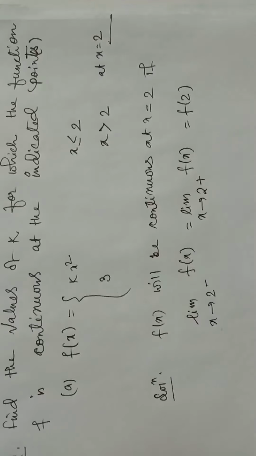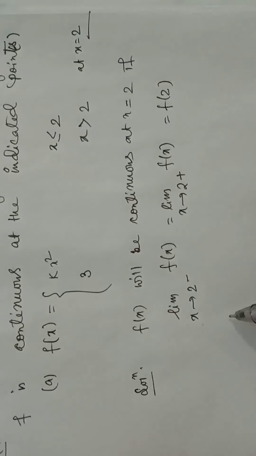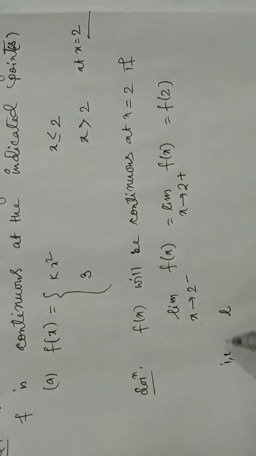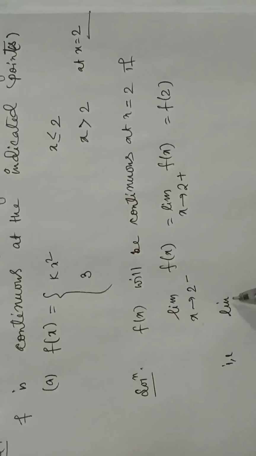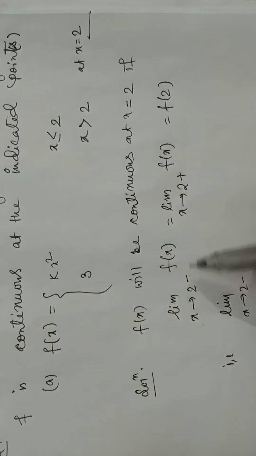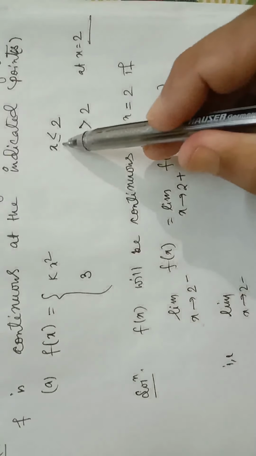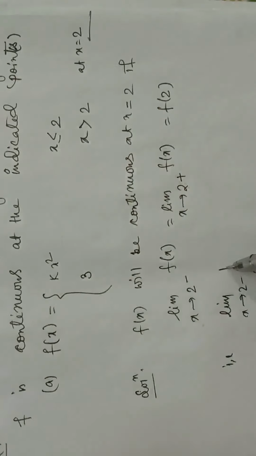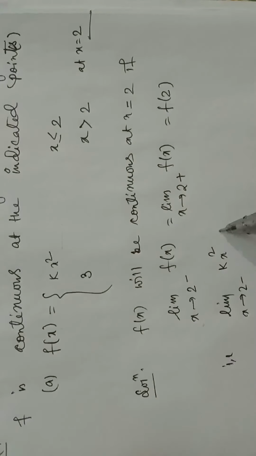This is the definition of continuity. Now limit x tends to 2 minus means x is less than 2. When x is less than 2, f(x) equal to kx square.